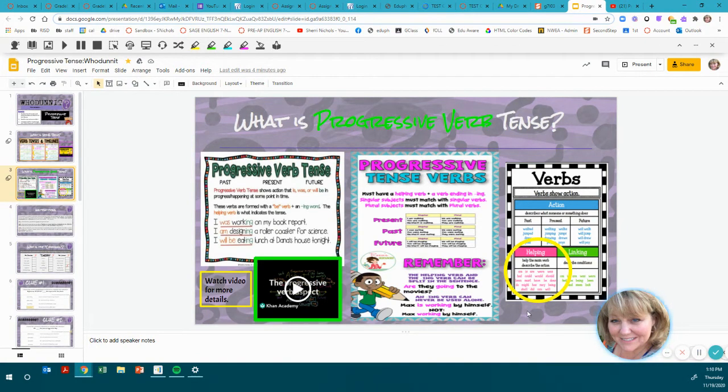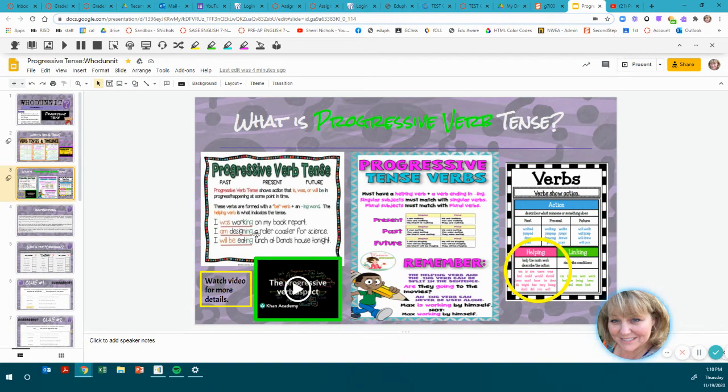And the helping verbs also go along with what we call with the verb, we put an ing. So I am working. We have the ing added to the verb work. I am designing. I will be eating.